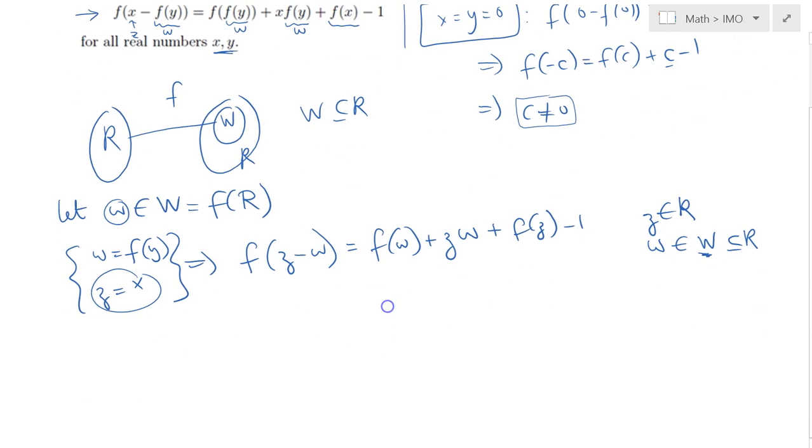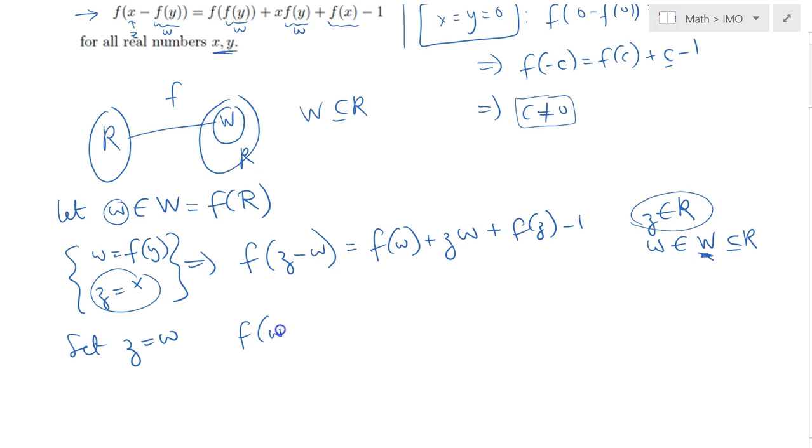If I further set z equal to w, namely I take the number z from the set W as well, what I get is that f of w minus w is equal to f of w plus w squared plus f of w minus 1.